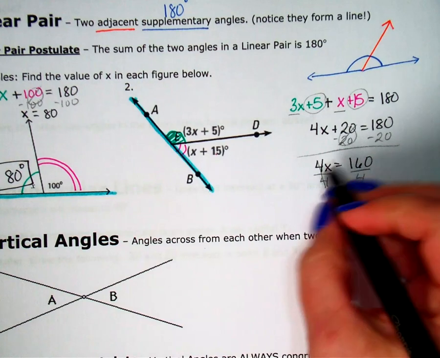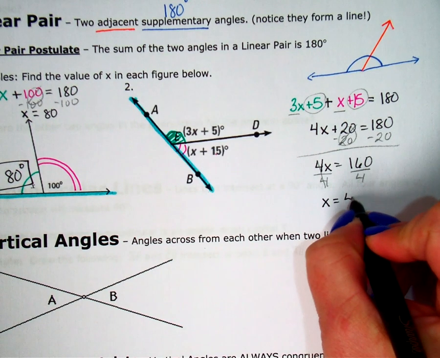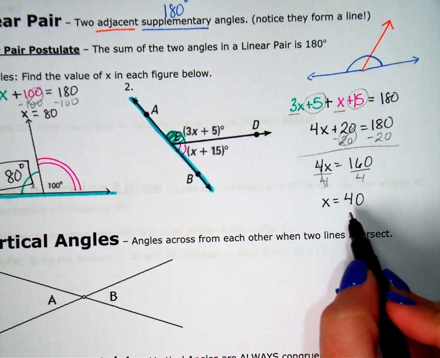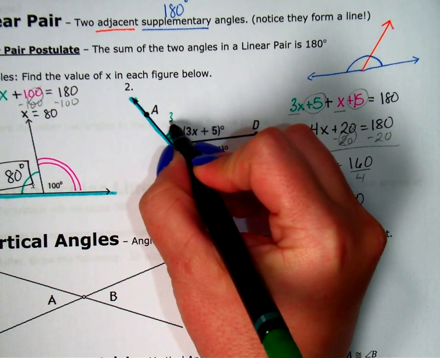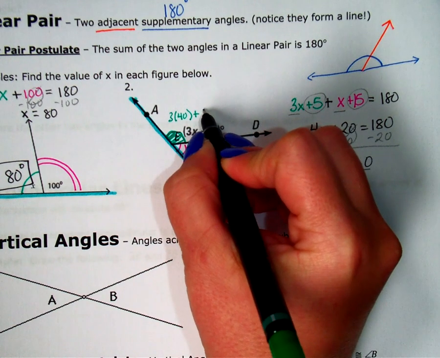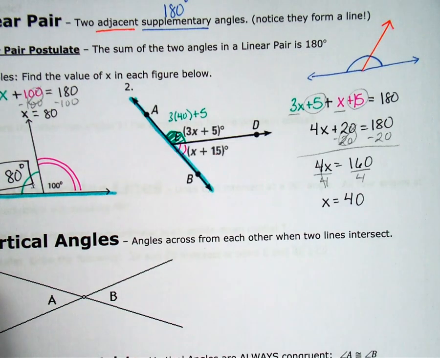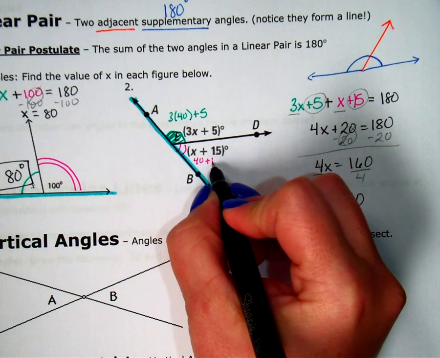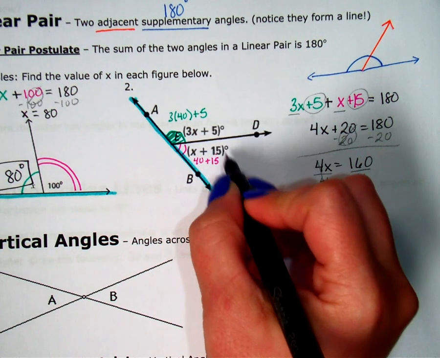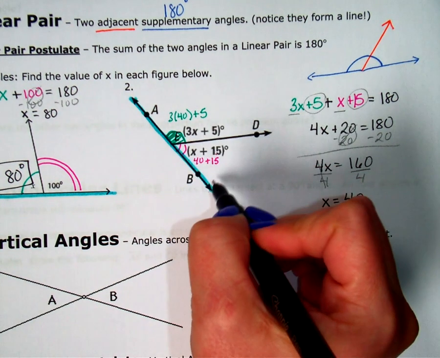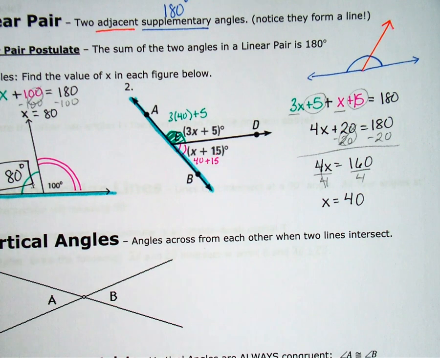And 1x equals 40. Now before I put my box around that, I'm going to check it. I'm going to make sure that if I do 3 times 40 plus 5, and then 40 plus 15, these two angles really do make half of that one side of the line, really do make 180 degrees.